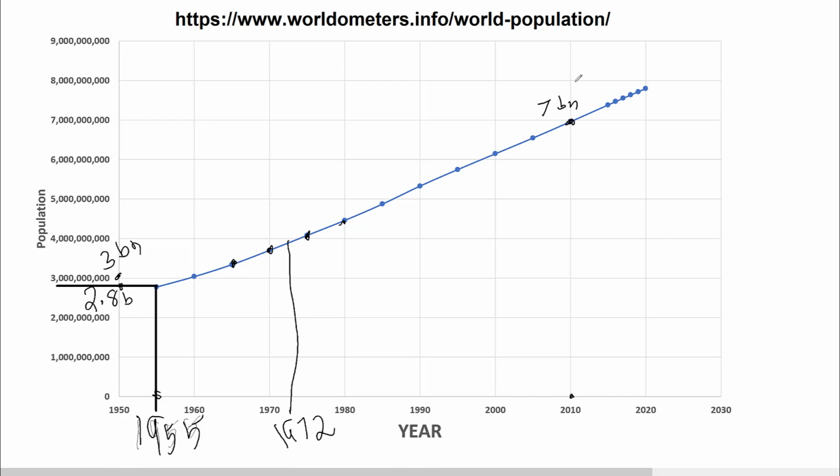But on the other hand, say we want to get the population in, say, 2015. So what we would do is this: this is about 2015, so we'll just go up, and here we are at that point.